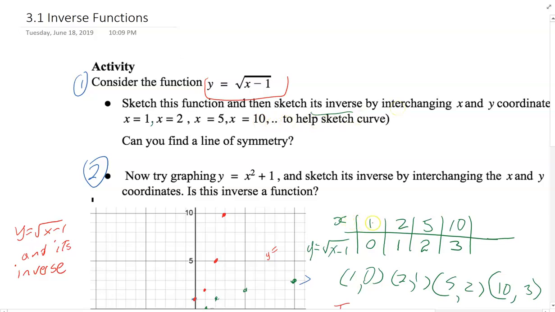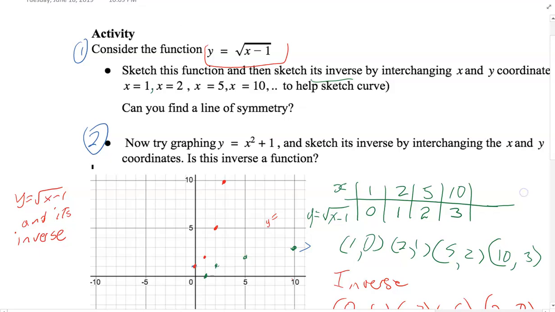So we have x equals 1, 2, 5, 10 in the table, and then y is equal to radical x minus 1 to find the y values. Radical 1 minus 1 at x equals 1 gives y equals 0; x equals 2, y equals 1; x equals 5, y equals 2; x equals 10, and y equals 3.